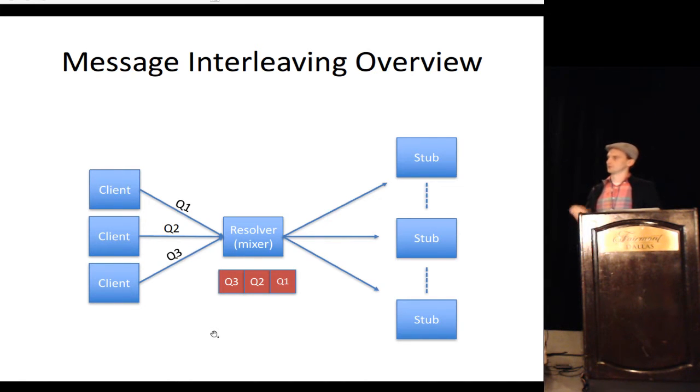To visualize this pictorially, assume we have some kind of resolver sitting in the middle, servicing 3 clients who issue 3 queries, which are batched up in sequence just as they arrive. You would apply some kind of shuffling algorithm at the RTT epoch boundary, and you would get a new order. Query 1 is now first, then query 3, and then query 2, and you would just issue them in sequence, and then batch up the responses and send them back to the client as needed.